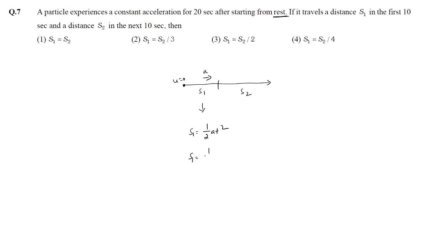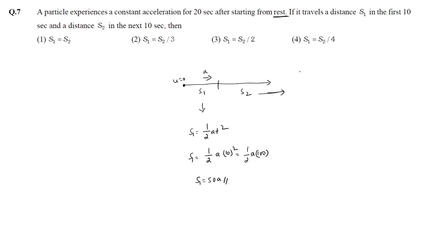So s1 is equal to half a into, what is the time, children? That is 1 by 2 a into 100. So how much distance is it going to cover? s1 is 50a.